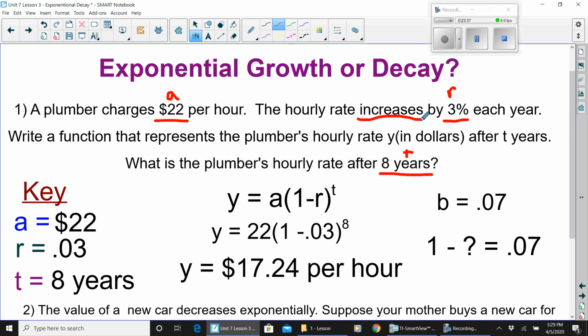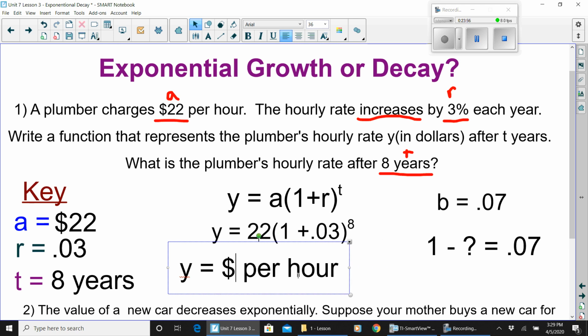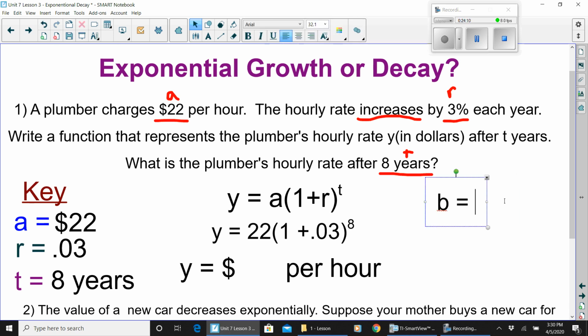This one's an increase. So I messed up the formula, and hopefully you didn't do what I did. I'm going to change that, and change this, because it's going to be more per hour. He starts out with $22 an hour. His hourly rate is increasing 3%. So this is out, and I'm sorry for that mistake.